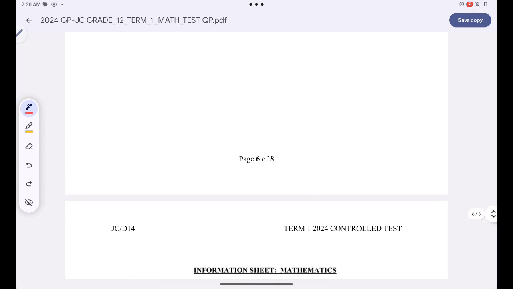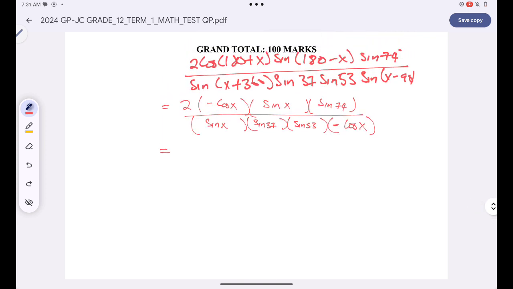By just doing this, guys, let me check how many marks this was. 7 marks. By just writing this step, you would have gotten yourself 1, 2, 3, and 4. That's 4 marks already, just for reducing angles. Okay, but please note that this will go with this one, and then this will go with that one.